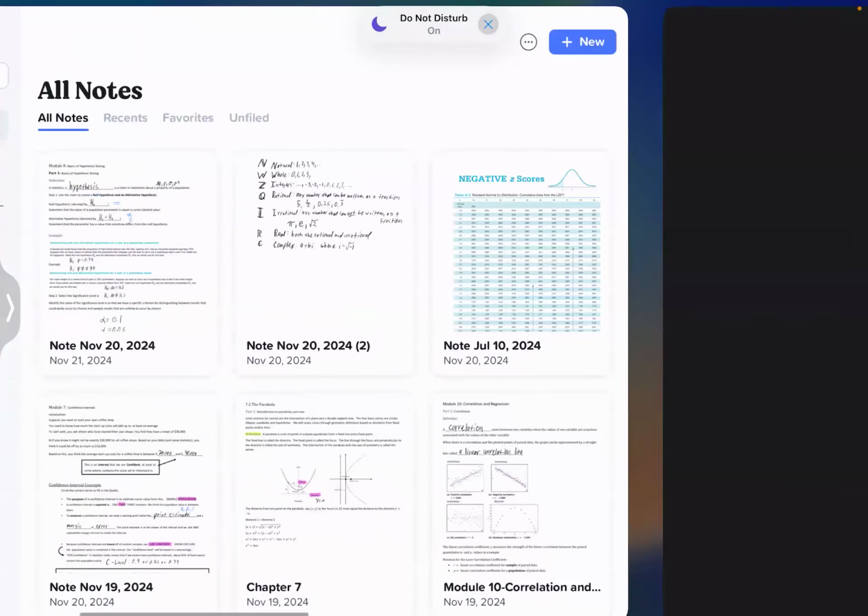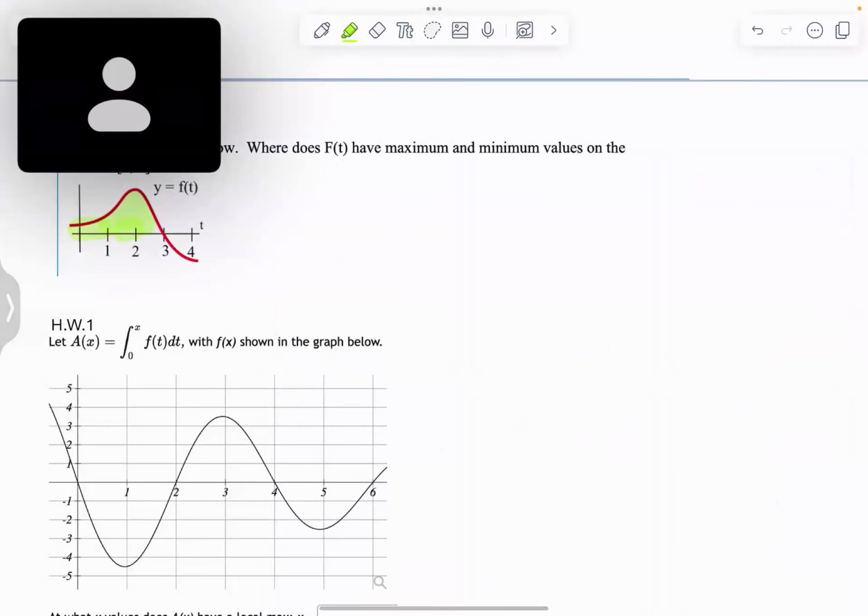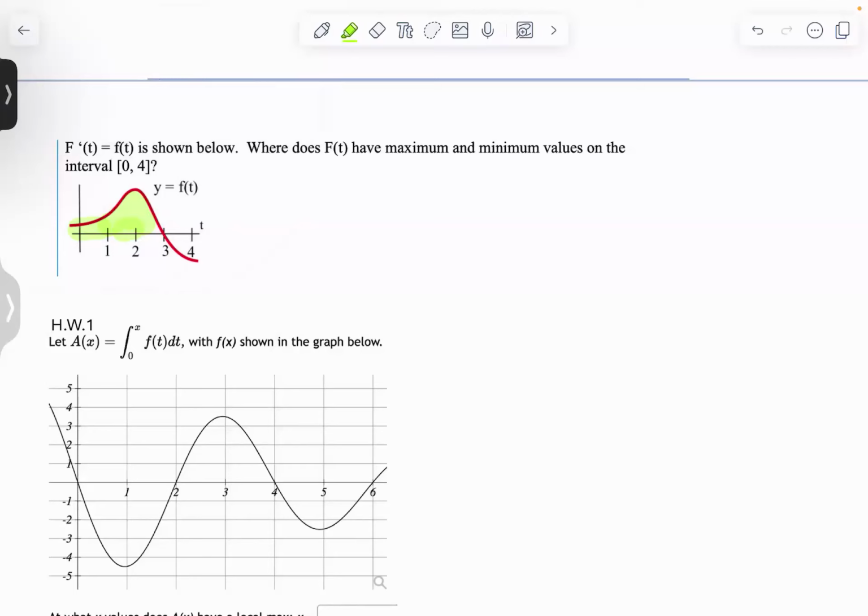All right. So we have our positive area, and I want to point out that we have a minimum positive area at x equals 0, because at x equals 0, we have no area. However, we have a maximum positive area at, this should be t, not x, at t equals 3.